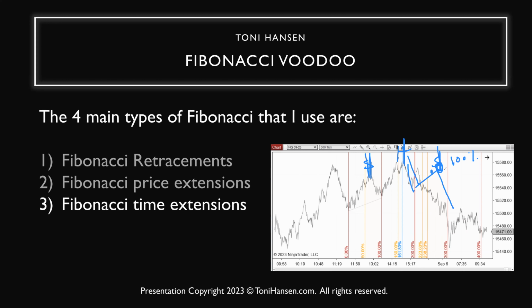If it's slightly later, that's still good as far as the timing goes, but it needs to pick up by the time it makes it to that 138.2% from here to here and then here over. So you're 138.2% here. So it needs to be showing that downside momentum by that point here.